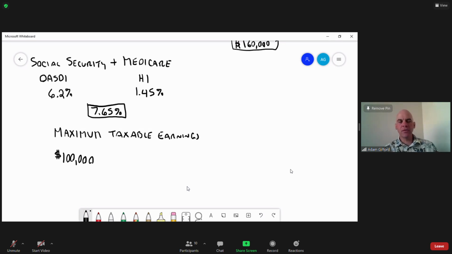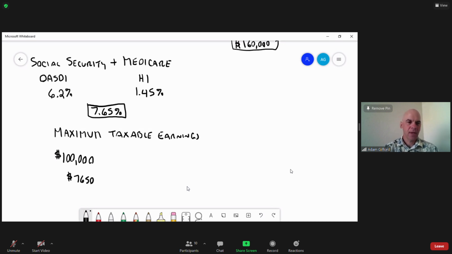So we're going to use the same percentages. If you earn $100,000, how many dollars will you be paying in OASDI and HI? $7,650. That was easy, because with 100,000 we just move the decimal point 3 spots.